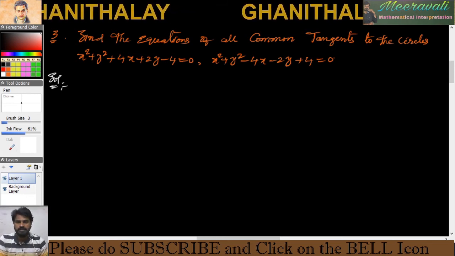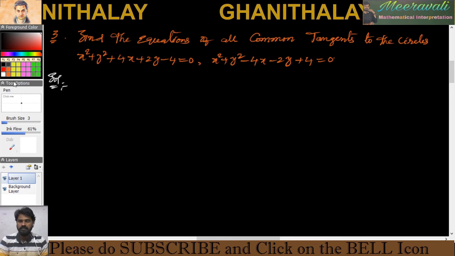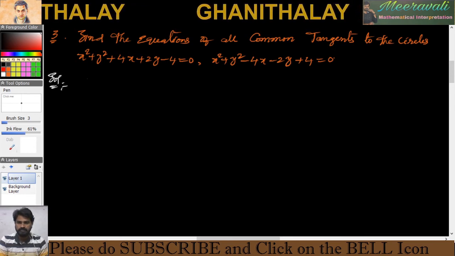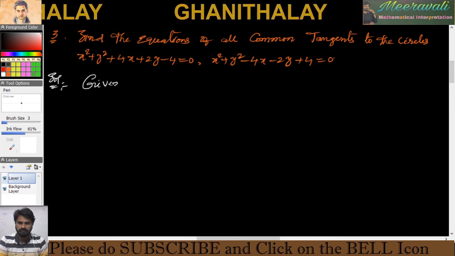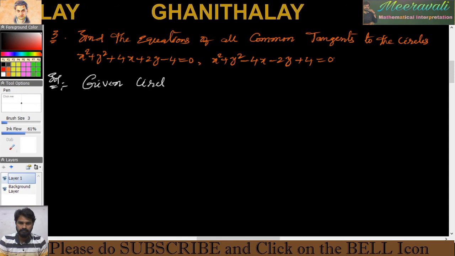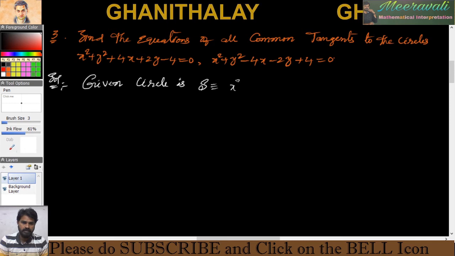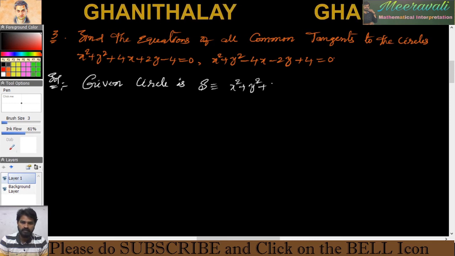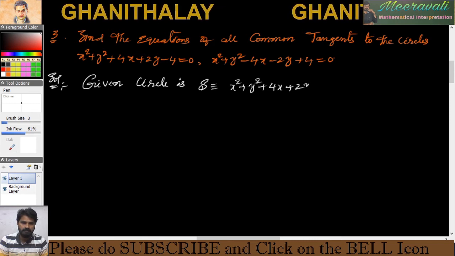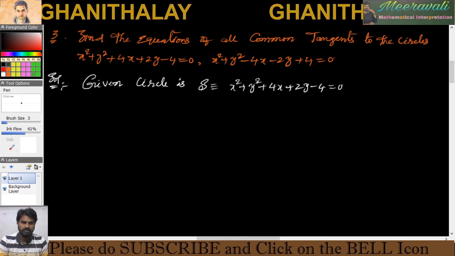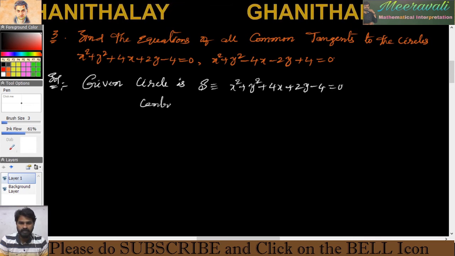Okay, so same process. First we have to consider the given circles. First circle S is equal to x square plus y square plus 4x plus 2y minus 4 is equal to 0. So you should find out the center.